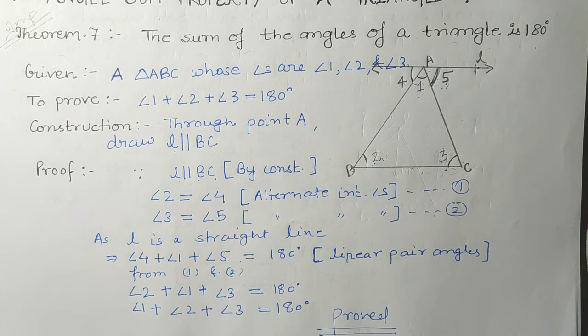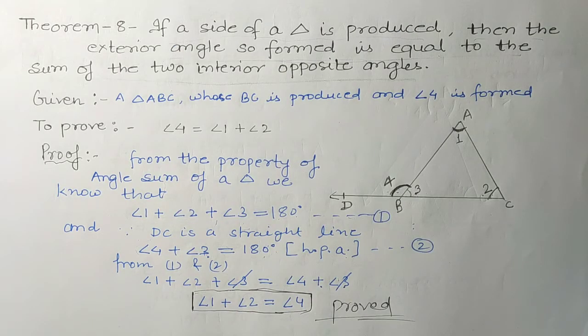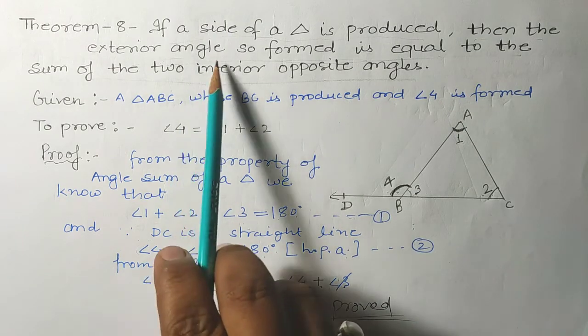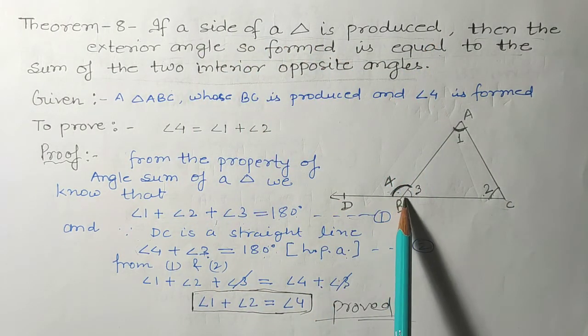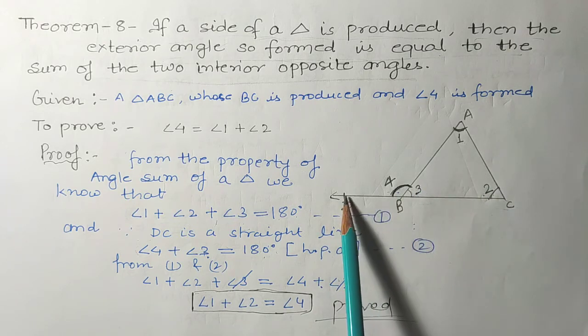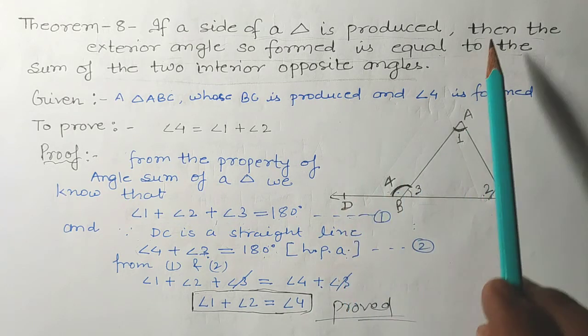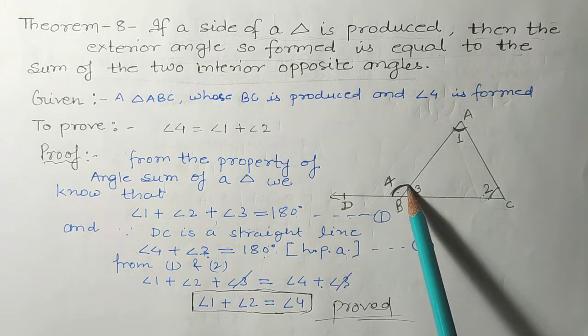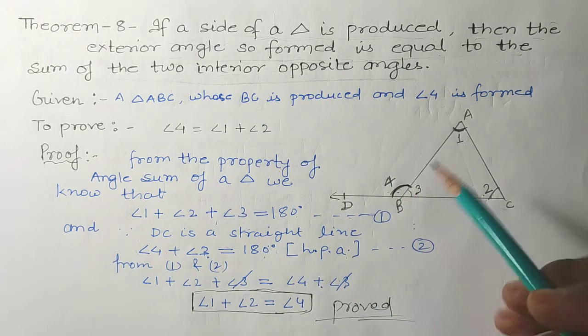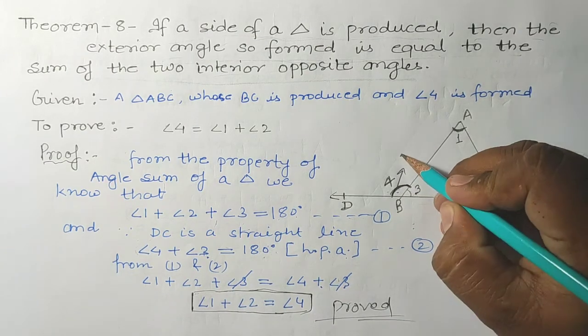One more result we studied in the last part of the video is the exterior angle property. There we studied that if a side of a triangle is produced, like here side CB of triangle ABC is produced to D, then the exterior angle so formed, angle 4, is called the exterior angle of a triangle.